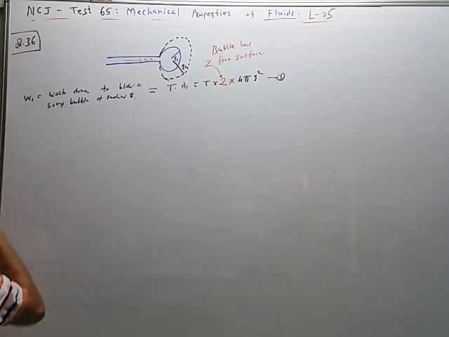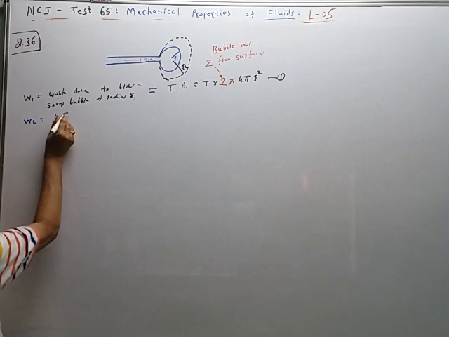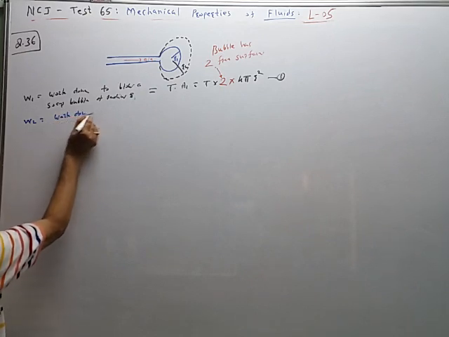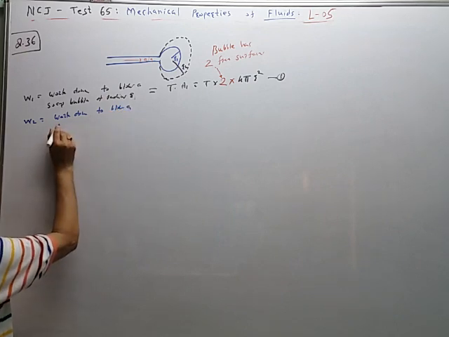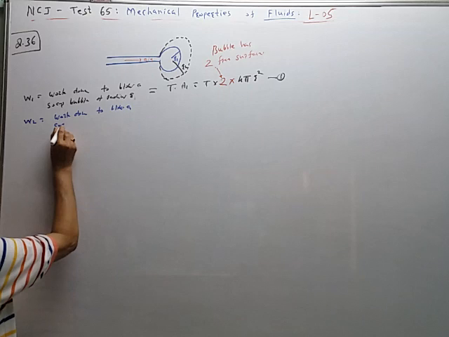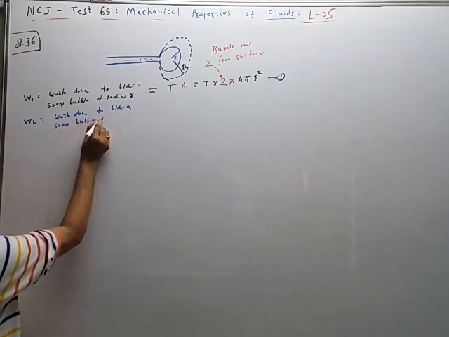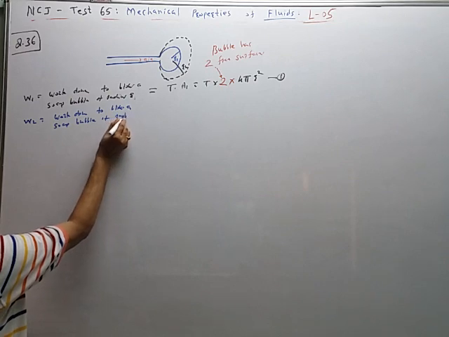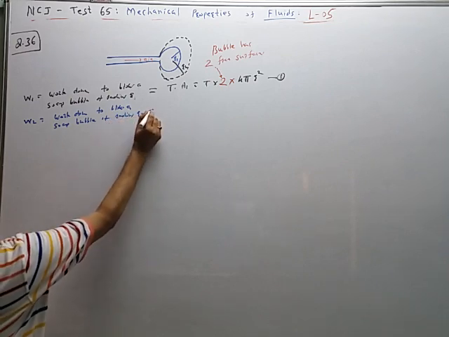W2 is equal to work done to blow a soap bubble of radius R2.